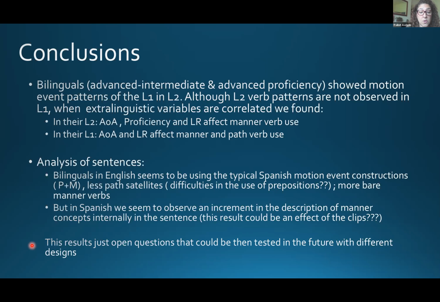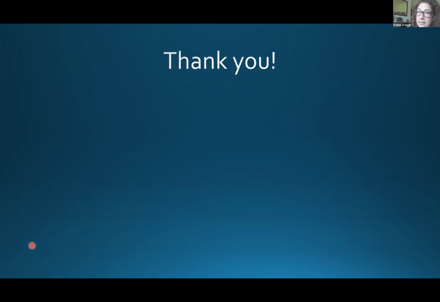I think these results just open more questions, but it's interesting to see the type of productions these speakers are giving us, because we can then design more specific analyses to test this hypothesis. And I think that's it for me.